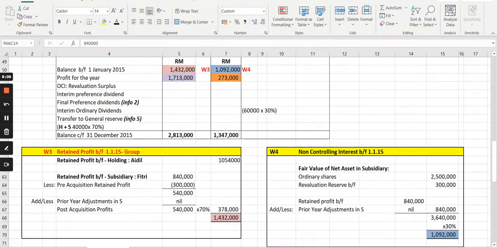And note that there is no prior year adjustment, which is similar to this, no prior year adjustment. Only that this is the one of the group, this one is the one of the non-controlling interest. And we are looking now at the profit section. So 840.